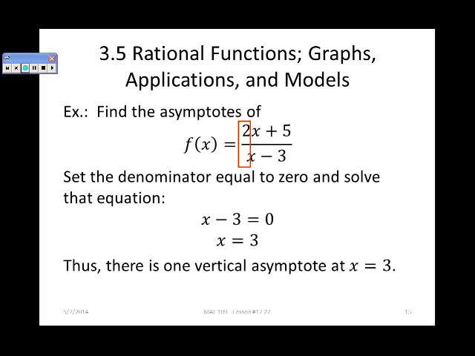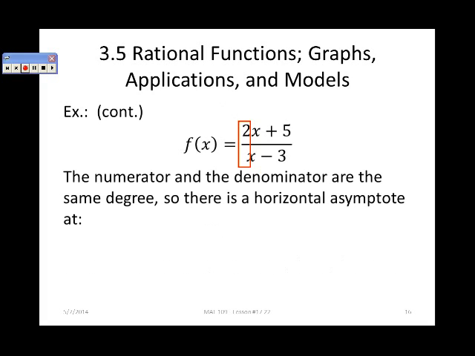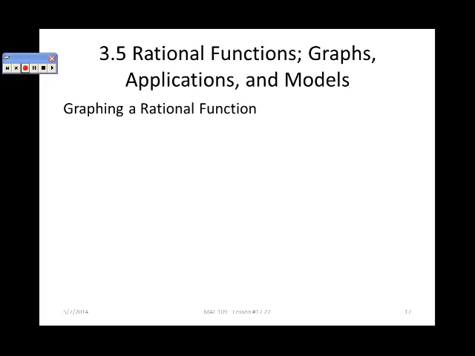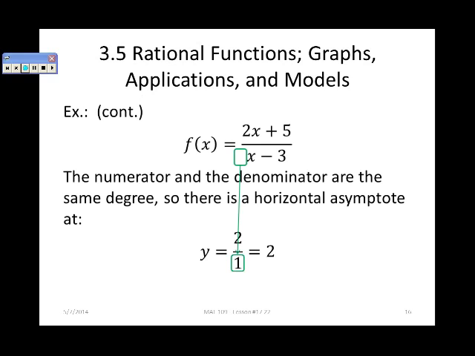There's your vertical. You take this coefficient and this one. Take the coefficient of that highest degree term and set y equals that. So your horizontal asymptote is y equals 2. Y equals 2 is the non-vertical. There's only one of those. Yes, those are the 2 answers.